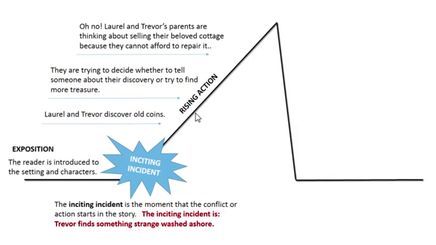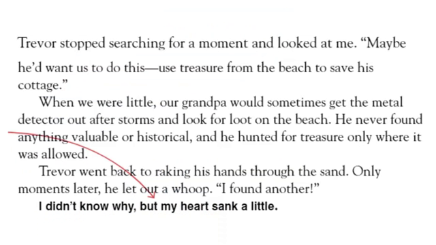There we go. Oh no! Laurel and Trevor's parents are thinking about selling their beloved cottage because they cannot afford to repair it. Trevor stopped searching for a moment and looked at me. Maybe he'd want us to do this, use treasure from the beach to save his cottage.